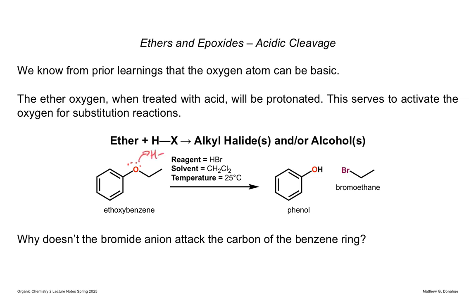So let's protonate it. So you have that oxonium, then you have bromide, and I'm showing you the products. If every ether has 2 carbon atoms, why are we getting the products listed?